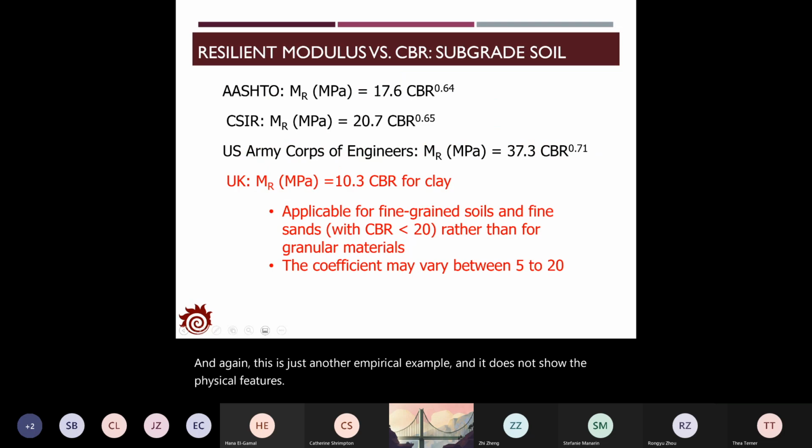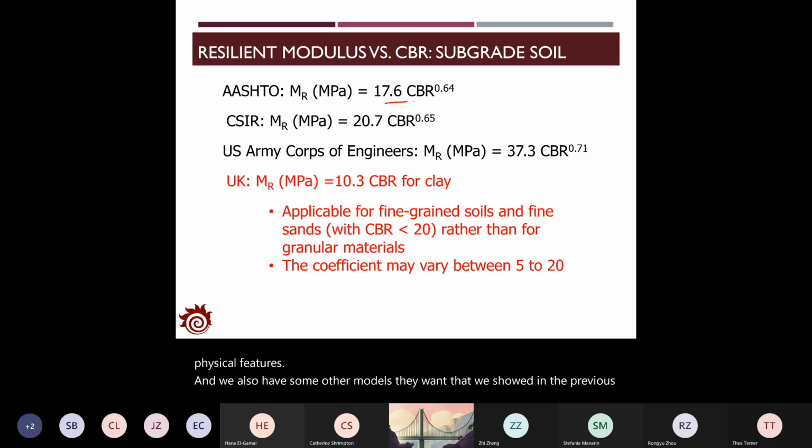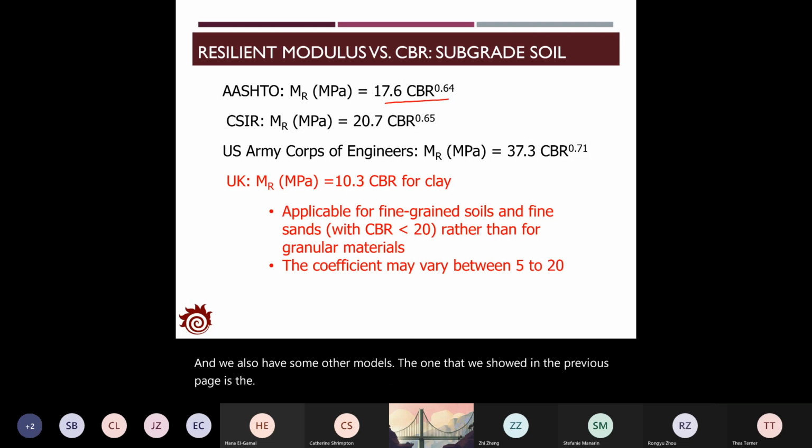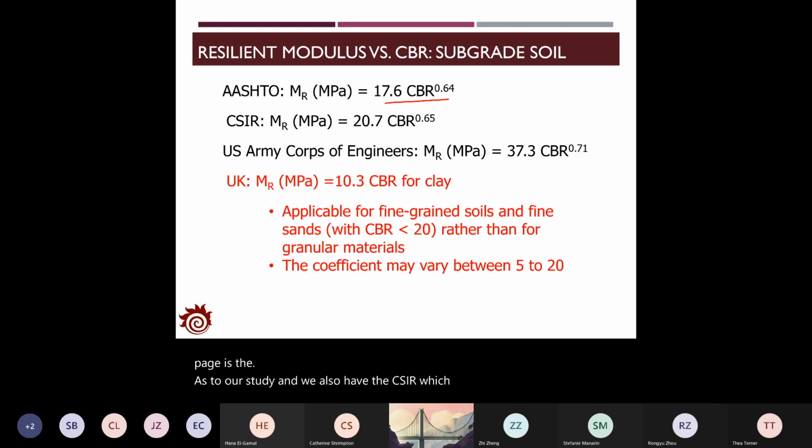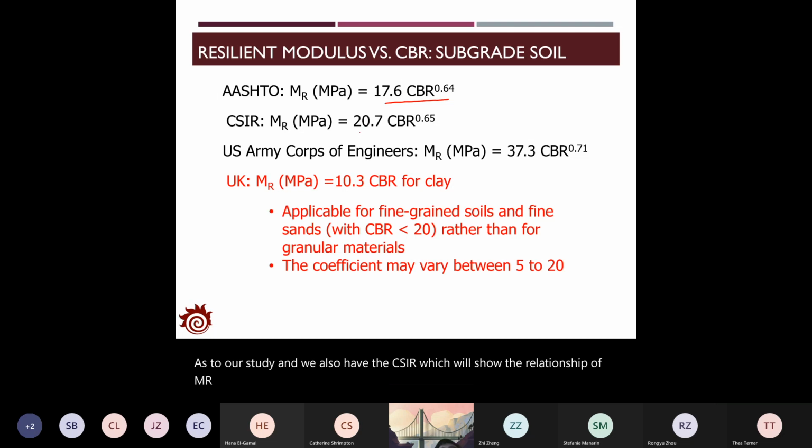And we also have some other models. The one that we showed in the previous page is the H2 study, and we also have the CSIR, which shows the relationship of MR as 20.7 times CBR to the power of 0.65. These two are quite similar to each other.